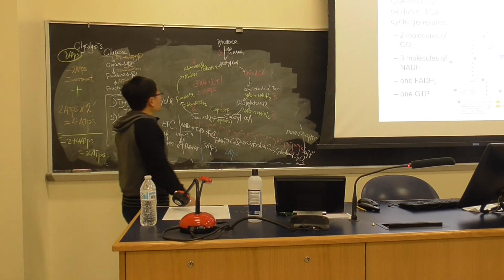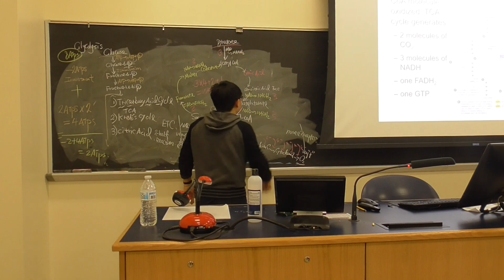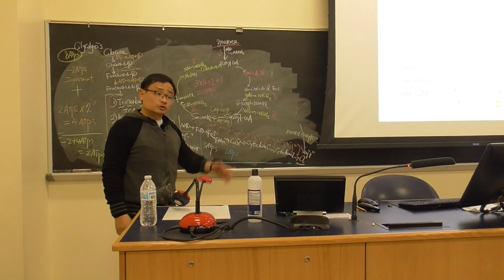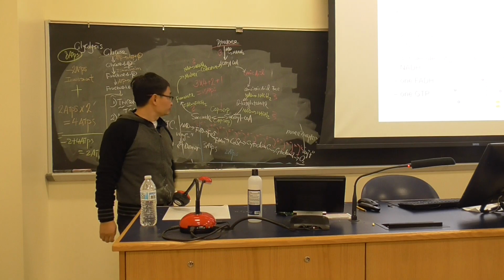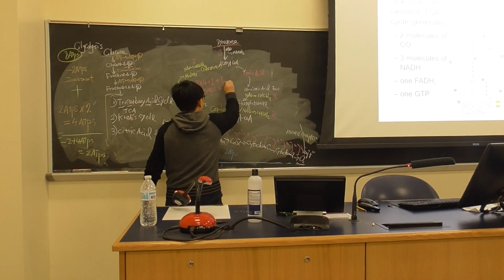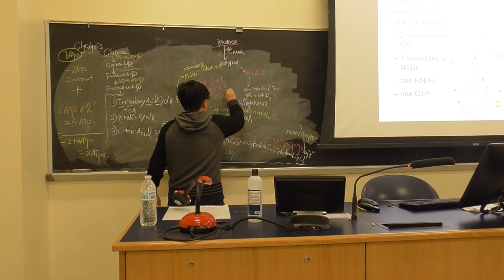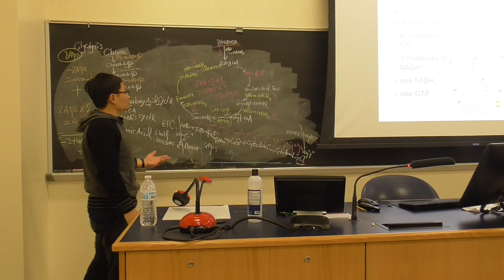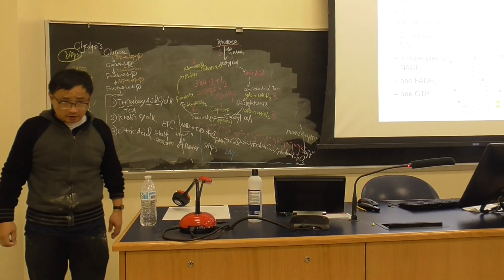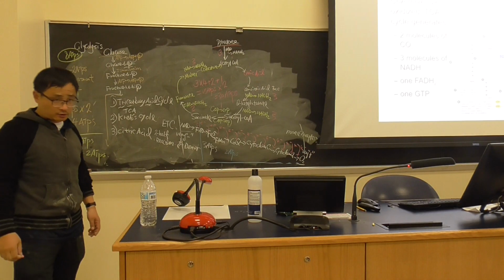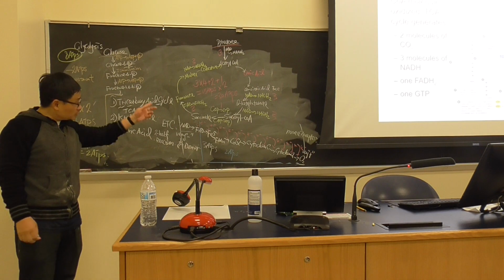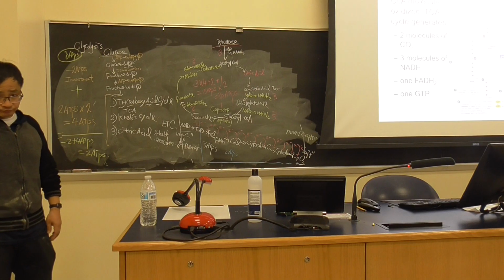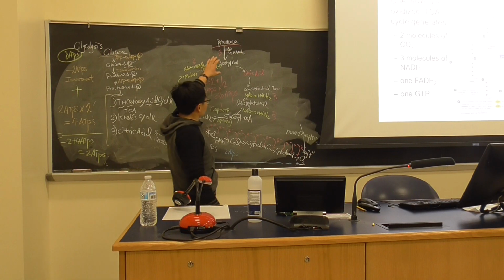And don't forget pyruvate. There are 2 cycles, so you multiply by 2 equals 30 ATPs. So how many ATPs are created through the citric acid cycle, the tricarboxylic cycle, the Krebs cycle? It's 30 ATPs, and don't forget at the top, including a transition step.